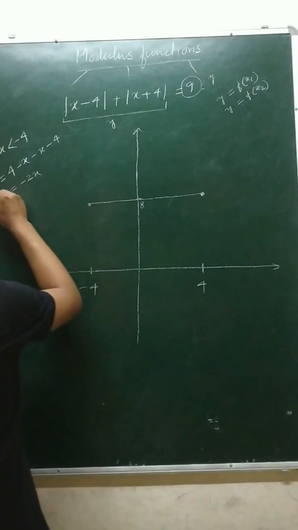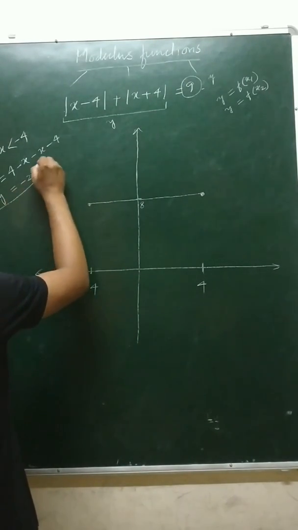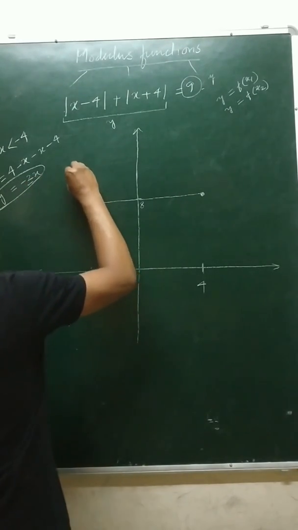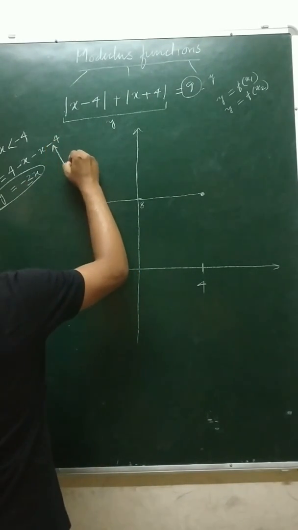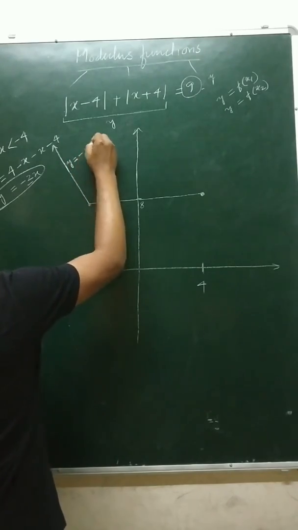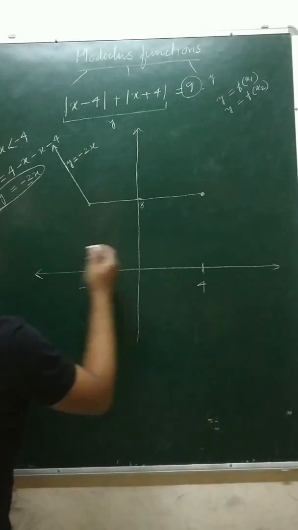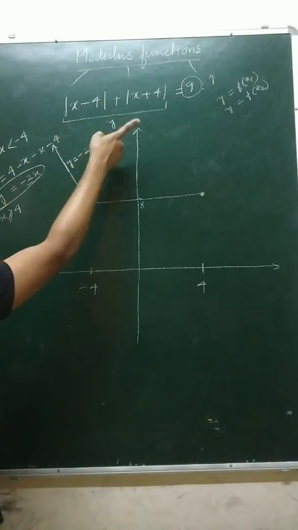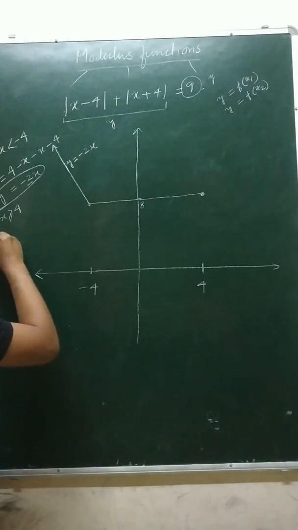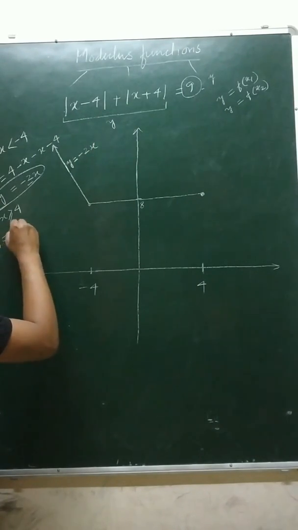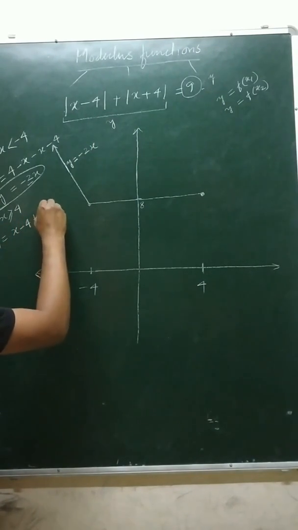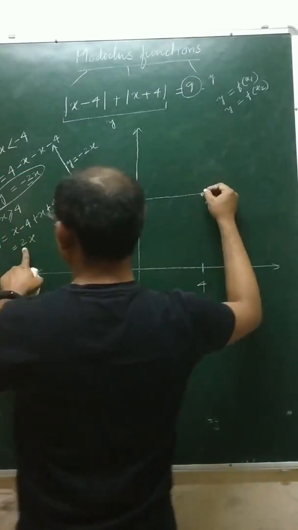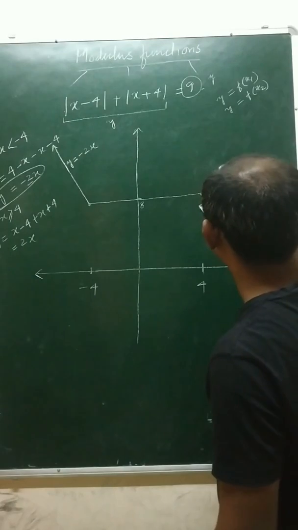And clearly this one is suggesting the slope is negative, so it will go like this, and this curve is y equal to minus 2x. And when x is greater than or equal to 4, both will open with a positive sign, so y will be equal to x minus 4 plus x plus 4, you get 2x. So again, slope is positive, so it will look like something this.